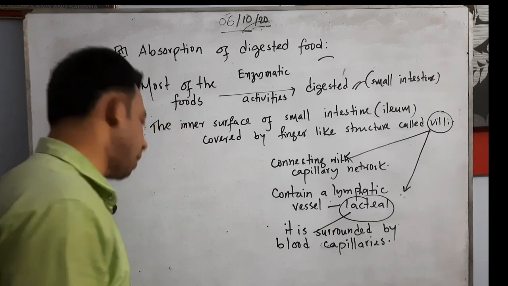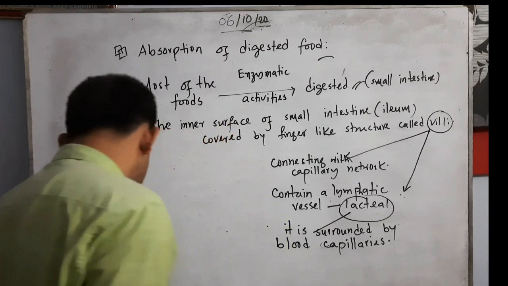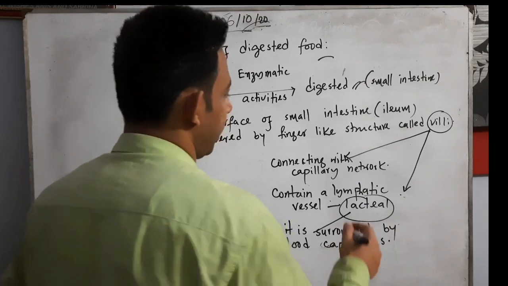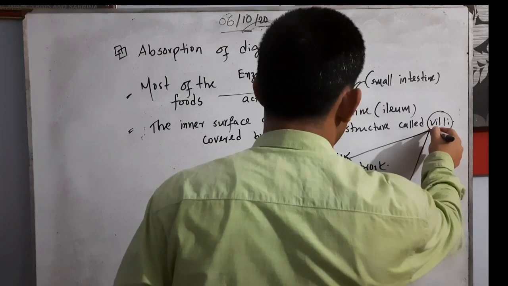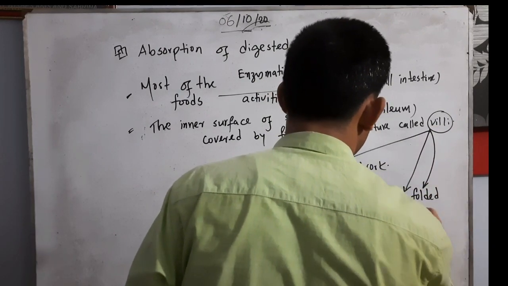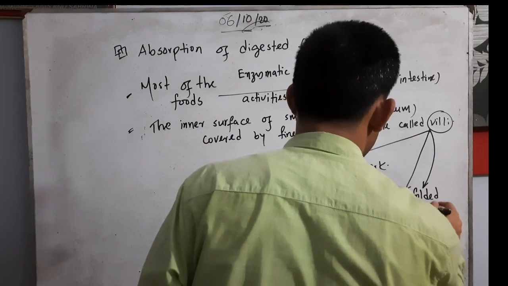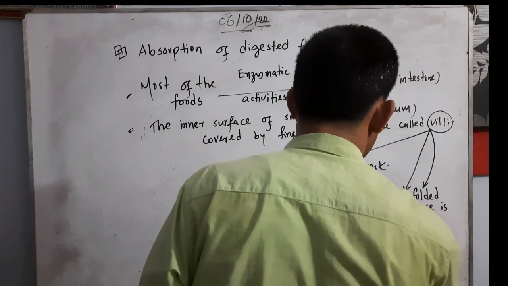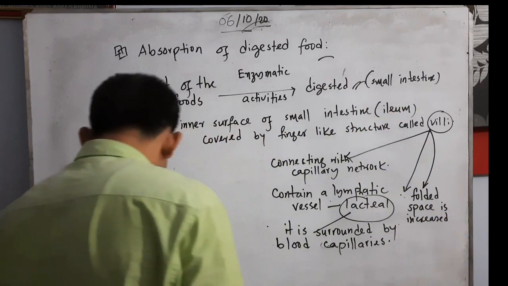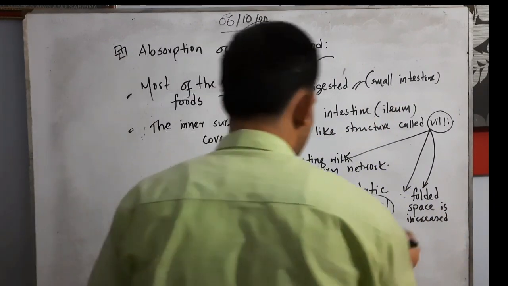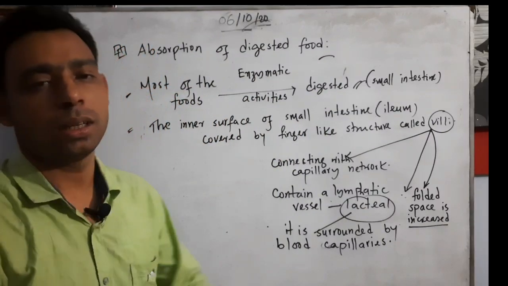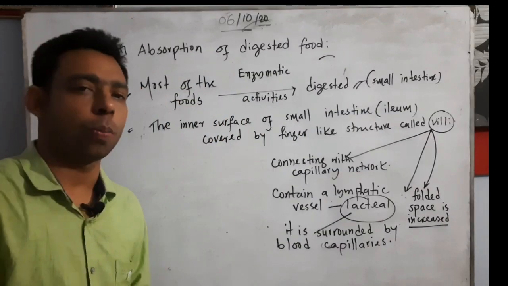Absorption of food takes place when the villi are folded. When the villi are folded, the space is increased, and when this space is increased, the food ingredients have much more place to get absorbed properly.